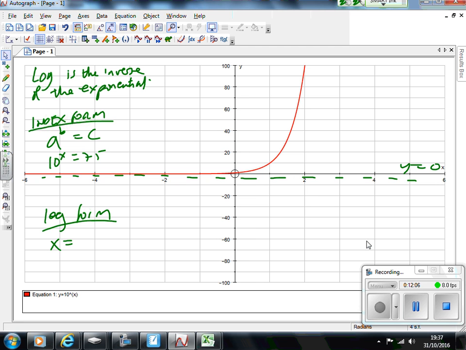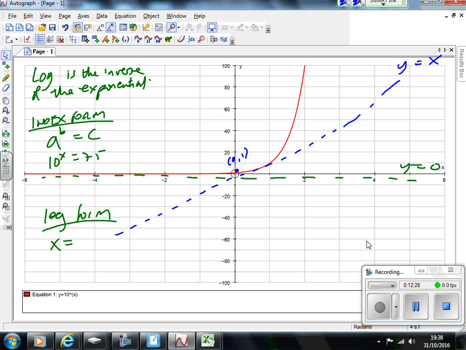So that means all your x and y's switch places. So this is second year stuff, really. But how do you sketch an inverse? The inverse is when all the x and y's switch places. Okay?